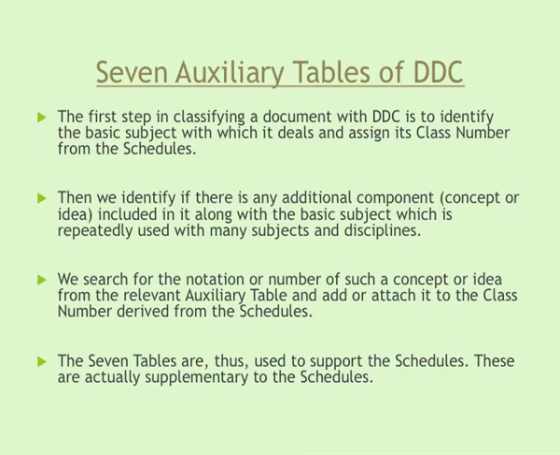So, we assign the class number of that basic subject of the document with the help of schedules. Then we find out if there is some additional component in the subject which is commonly used with various subjects.